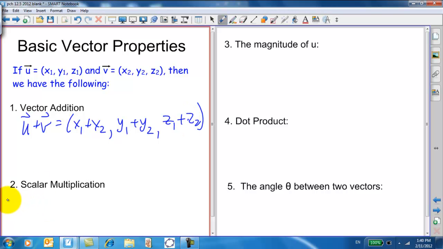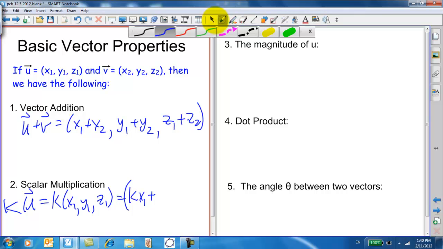Scalar multiplication, k times some vector u, is k times x1, y1, z1, and you distribute that scalar multiple: kx1, ky1, kz1.